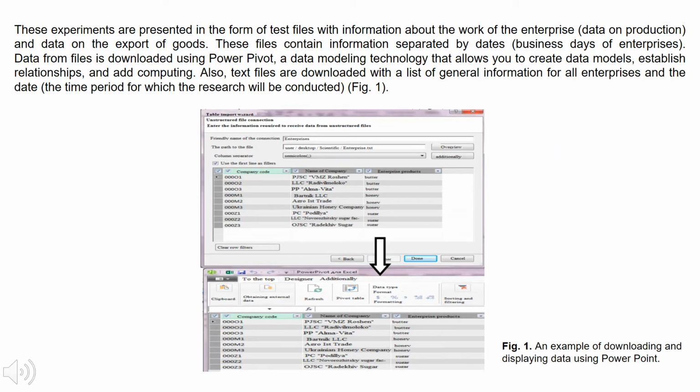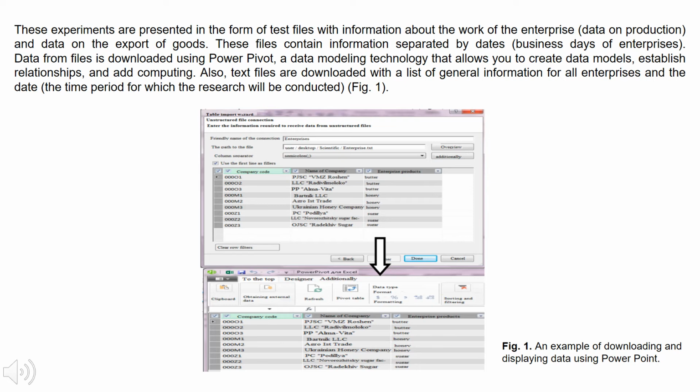These experiments are presented in the form of test files with information about the work of the enterprise, data on production, and data on the export of goods. These files contain information separated by dates, business days of enterprises.